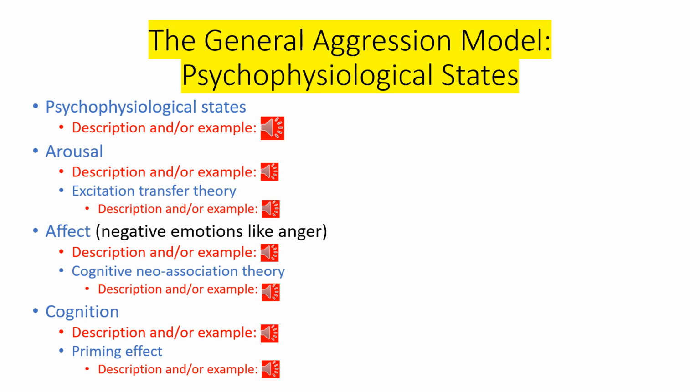For example, Zillman would have individuals ride an exercycle either really fast for 5 minutes in the high arousal state, or for like 5 seconds really slow in the low arousal state, have them do some quick 30, 60-second filler task, and then have them watch some movie. It would be like a short 5 or 6 minute video clip of an exciting movie or a scary movie or a pornographic movie.